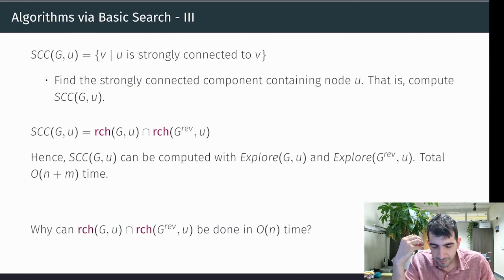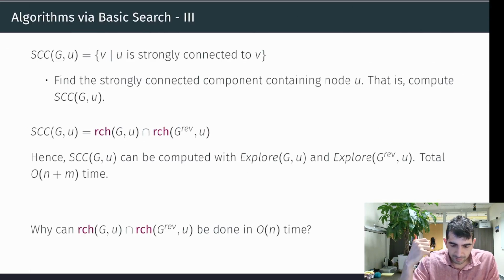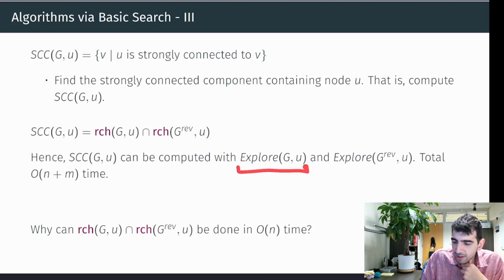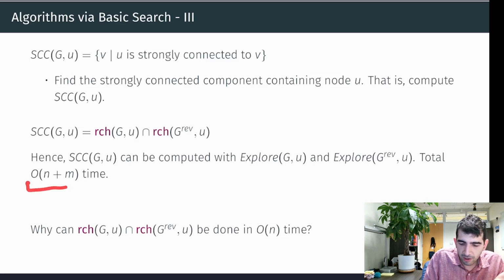So, therefore, the strongly connected component of G containing U can be computed with the explore algorithm run twice. Since we're just running this explore algorithm twice, and 2 is a constant, it gets dropped out of the O notation, and therefore computing the strongly connected component that contains U takes linear time.